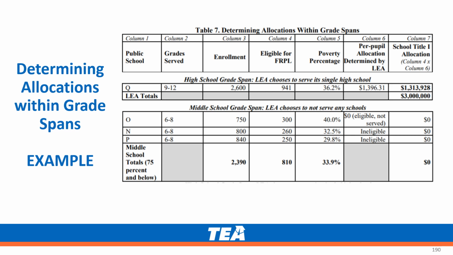In the high school grade span for this LEA, the LEA allocates Title I funds to its one high school. The LEA declines to allocate any Title I funds to its middle schools, even though there is one school eligible to receive funds.